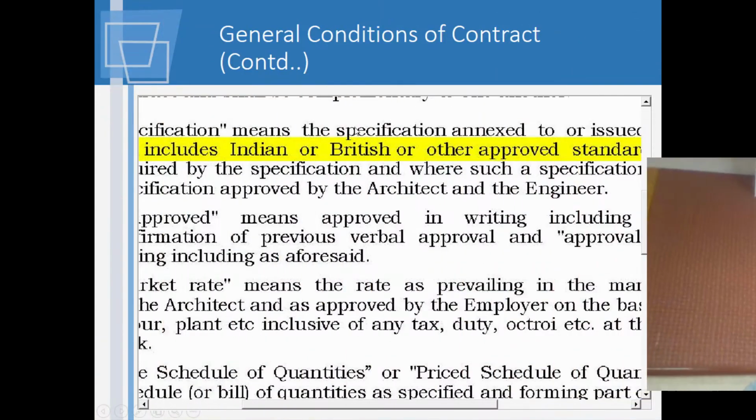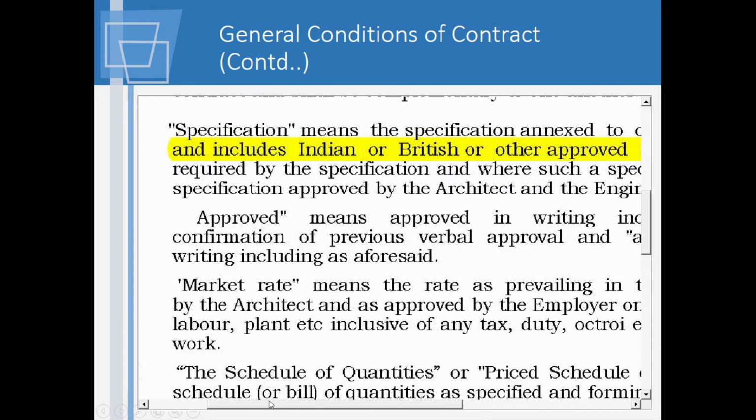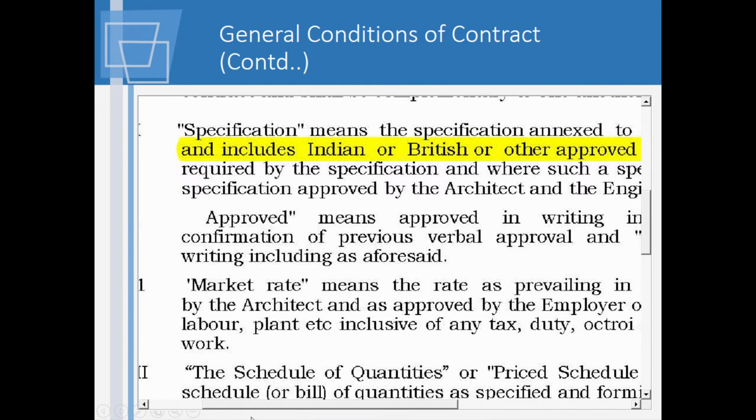Okay. Now coming back here, this is the specification which we are talking about. Same thing happens even to CPWD works or any other works. I would like you to draw the comparison between those specifications like what we saw in CPWD and what we have here. So whenever we say specification, we should be a little cautious which specification we are talking about.